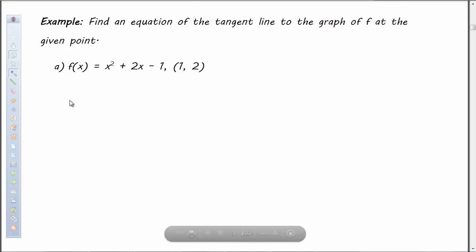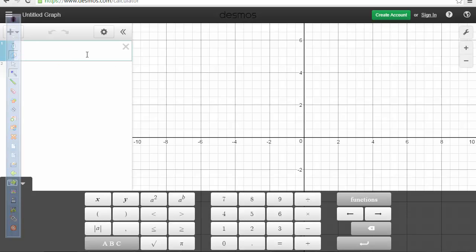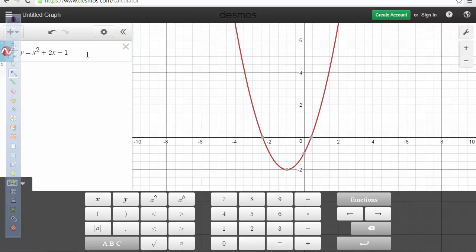First, I'm going to graph our function, which is x squared plus 2x minus 1. So that's our function. Now I'm also going to graph our tangent line.